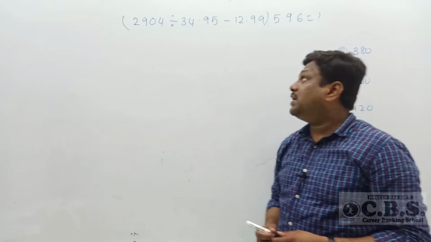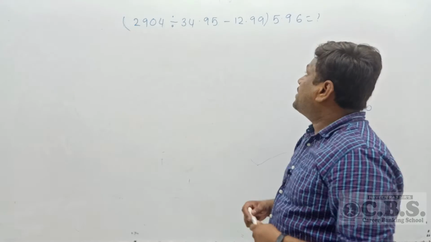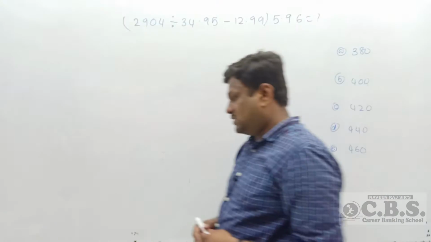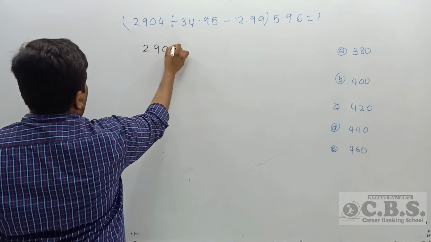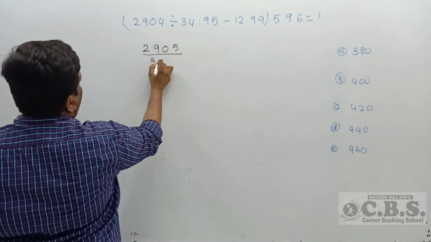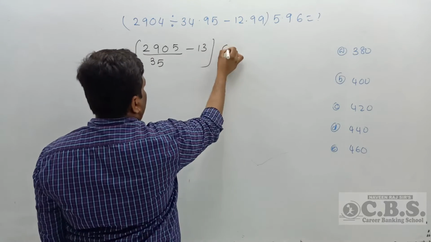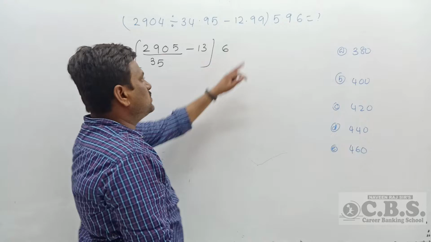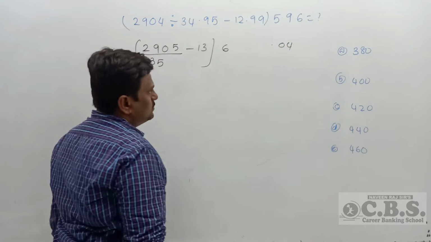Next question. 2904 divided by 34.95 minus 12.99 divided into 5.96. Okay, so you can approximate it as 2905 divided by 35 minus 13, and 5.96 is near to 6, so you take it as 6. How much increased? 0.04 increased.